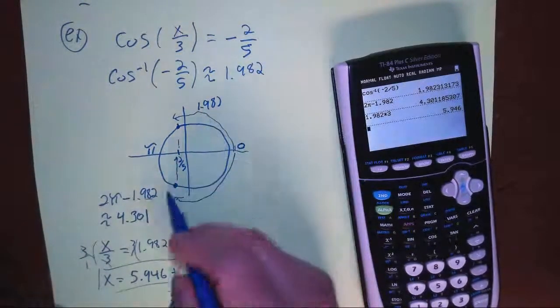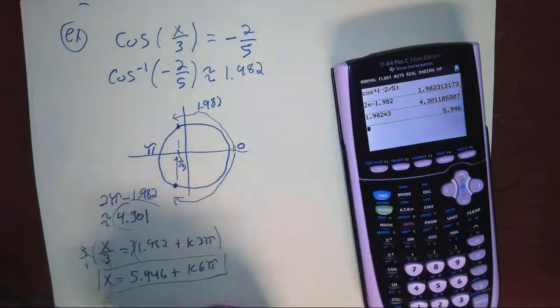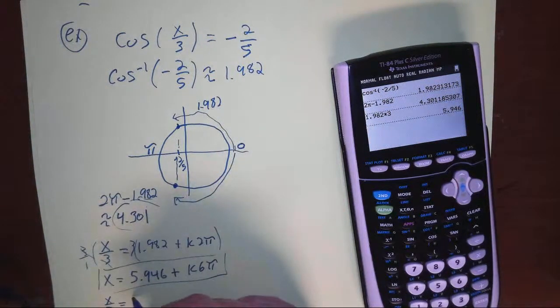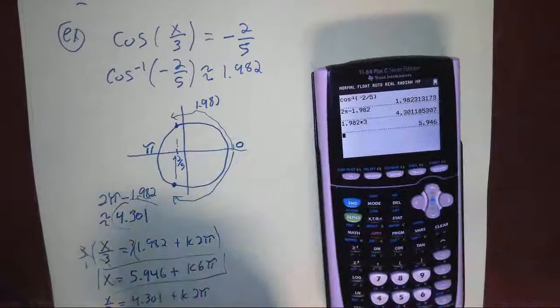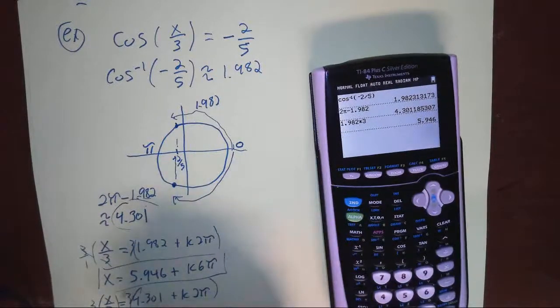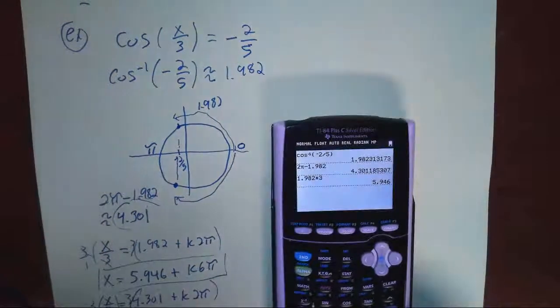And then the other one involves this angle here. So x over 3 is equal to 4.301 plus k times 2 pi. And then I'm multiplying both sides by 3 and distributing the 3, so I take 3 times 4.301 and I get 12.903.